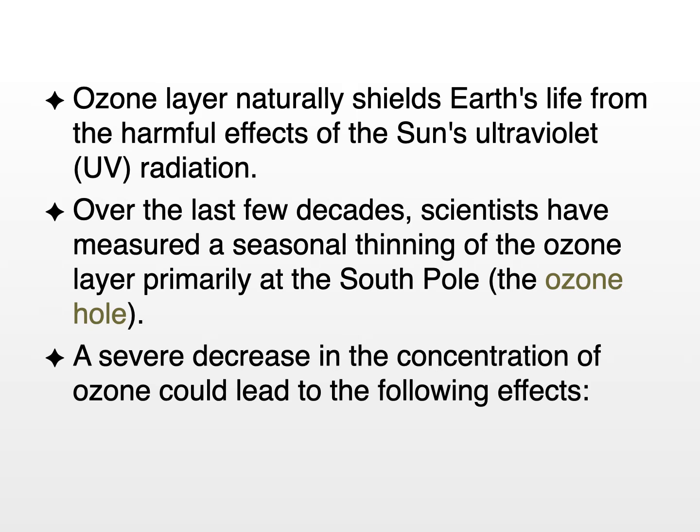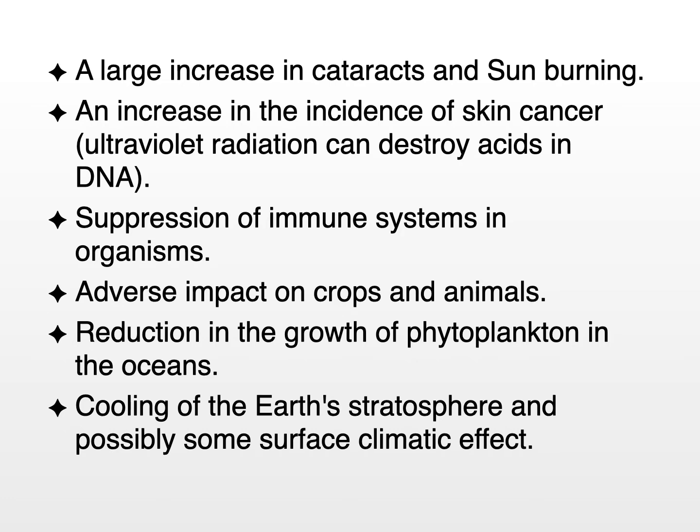A severe decrease in the concentration of ozone could lead to the following negative effects. It could increase the formation of cataracts in the eyes of organisms. It could lead to greater sunburning of skin tissues. It could increase the incidence of skin cancer.